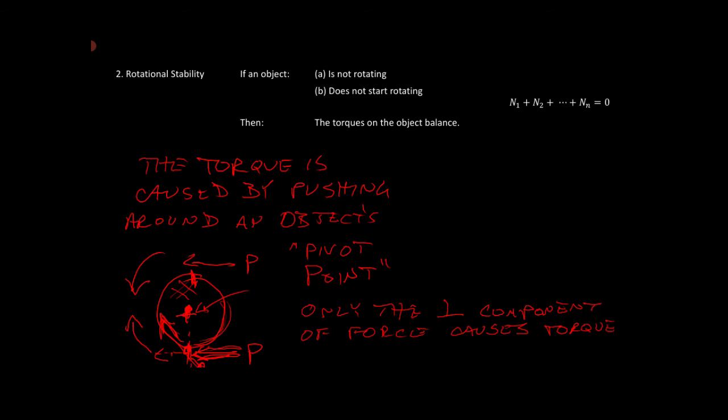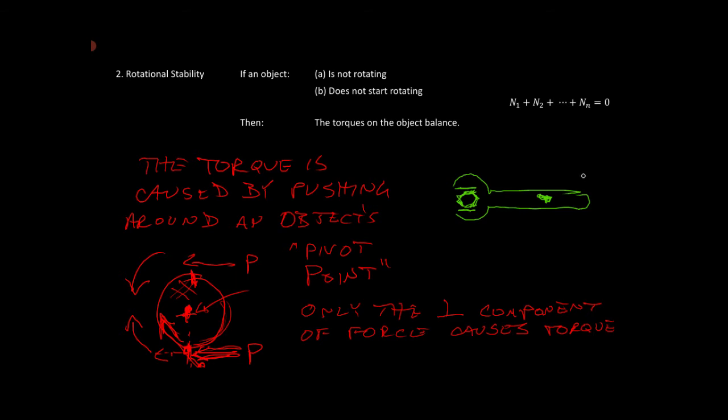So let's look at another example. We've got, let's say, a nut and a wrench, right, like that. And your hand is going to be out here somewhere, right? So this is the point of application, right?